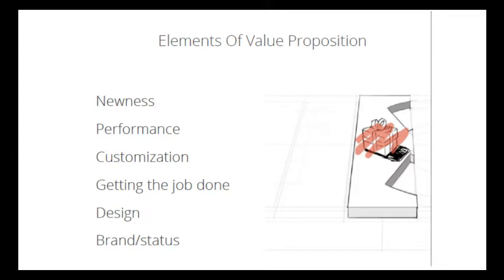It can be performance, that is your product has a higher performance than other products. It can be customization, getting the job done, or design, a new design entirely. It can be brand status, price, cost reduction, risk reduction, accessibility, convenience, or usability.